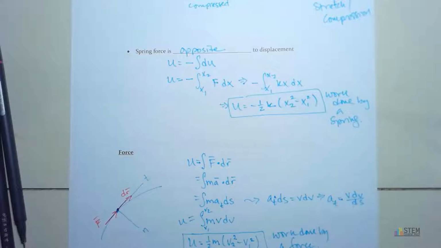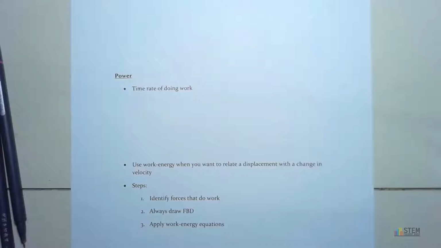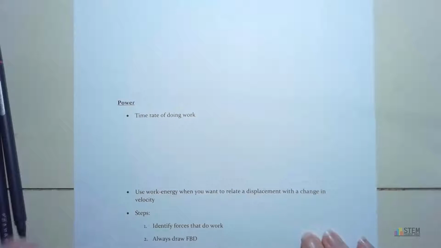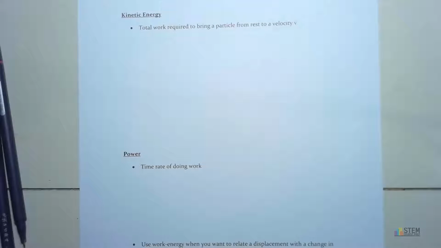And one more thing we'll do before we switch videos. The next thing we want to talk about is kinetic energy. Kinetic energy is just the total work required to bring a particle from rest to some velocity v.